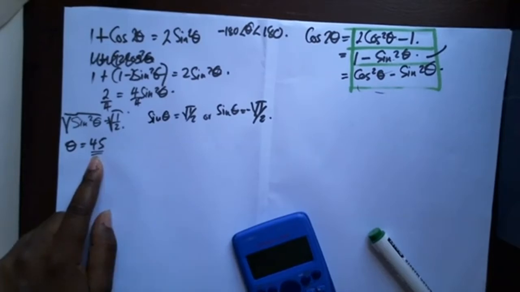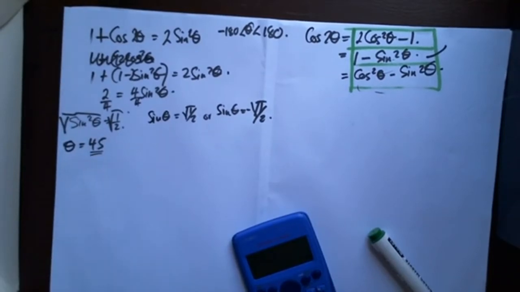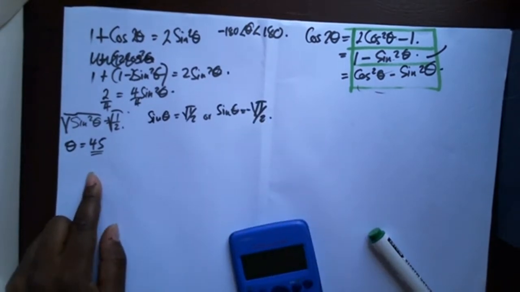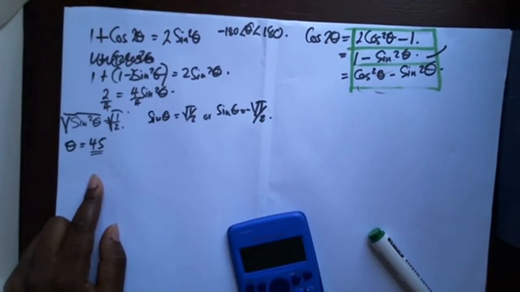Even if you draw the graph of a sine, you actually see that that's the only value you will get. Then shift sine negative square root of 1/2. We get negative 45.